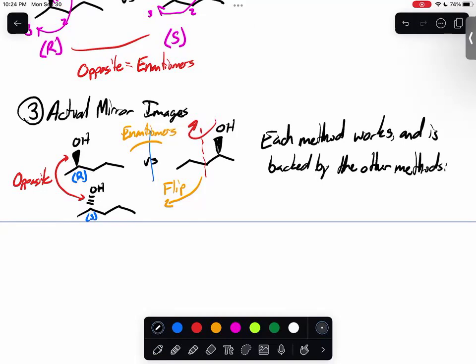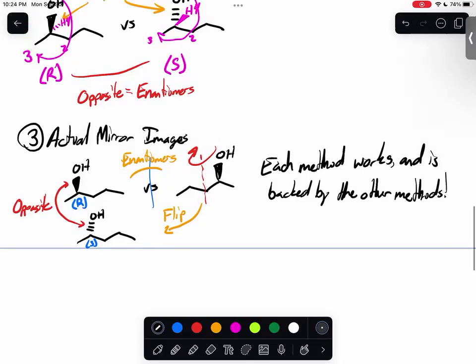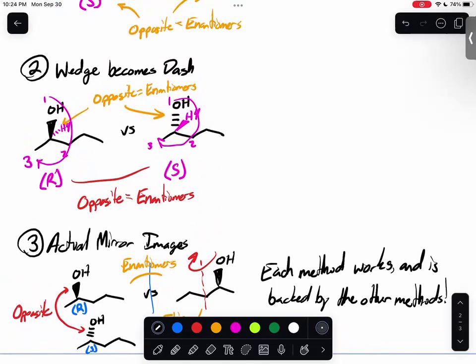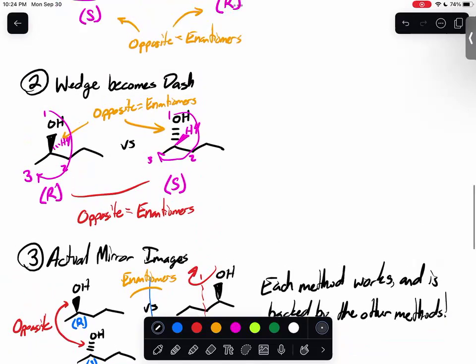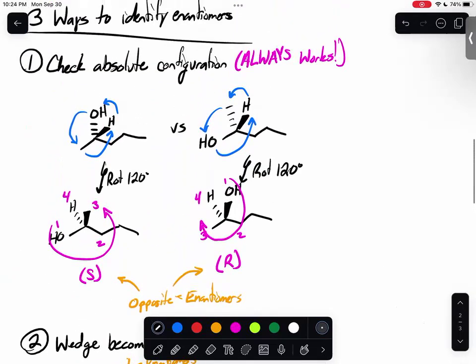But the one that will truly never fail you, because keep in mind, you could accidentally flip this and do it incorrectly. You could accidentally not notice that the wedge becomes a dash. I don't know how you do that one accidentally, but essentially, if you know your absolute configuration, it always works as long as you don't make a mistake in terms of labeling your absolute configuration.